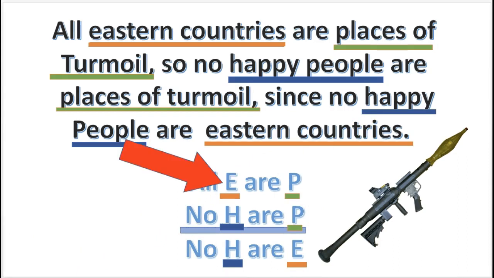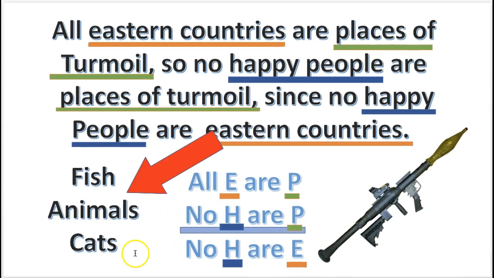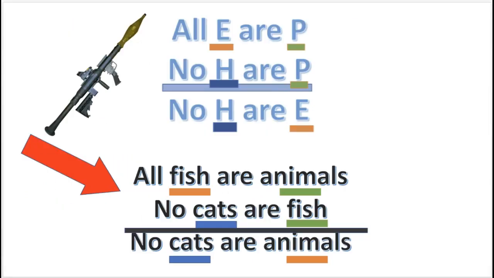All right, now that you've got your argument written out and your terms reduced, we're going to replace these terms with new terms. Remember, cats, fish, animals, mammals, our favorite terms. So we're going to replace these terms with these new terms, and we're going to get this argument.